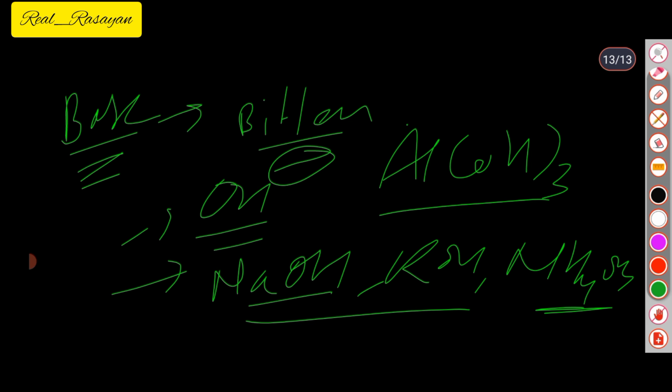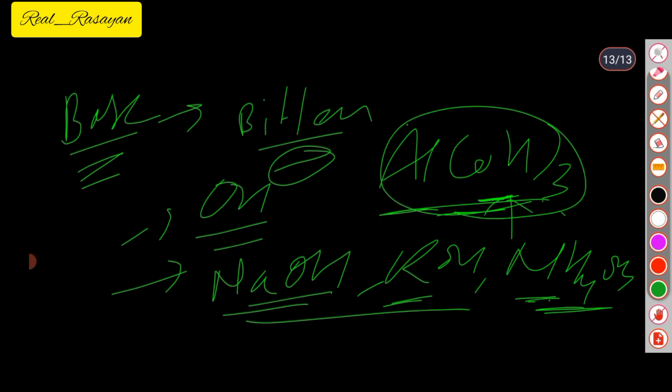Name is simple, but you must remember the valency of the atoms to which the hydroxyl ions are attached. Otherwise, you will commit mistakes regarding valency. So these are some examples of the bases: sodium hydroxide, potassium hydroxide, ammonium hydroxide, aluminium hydroxide.